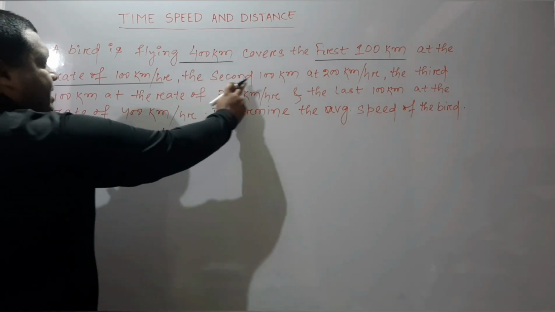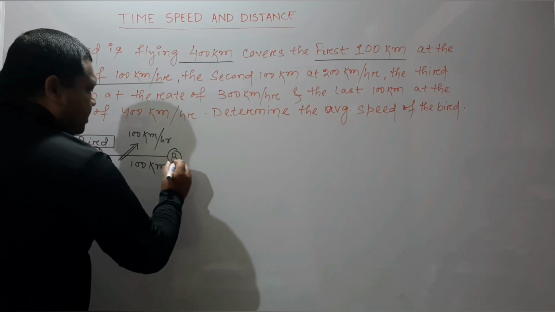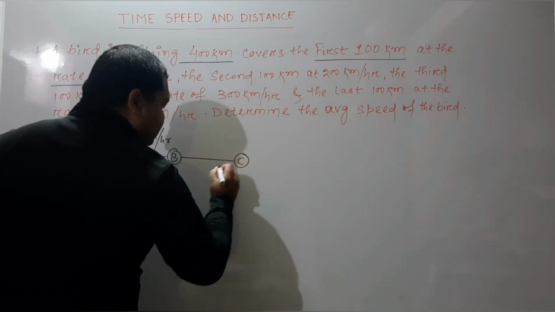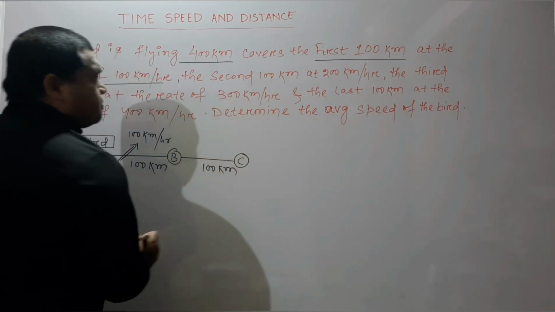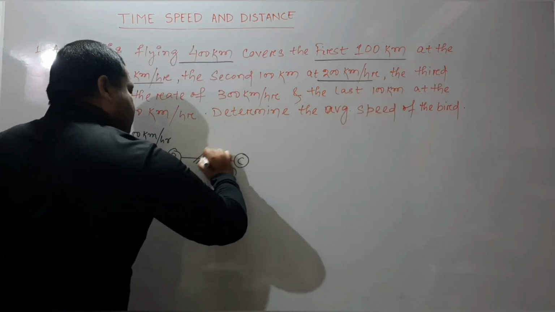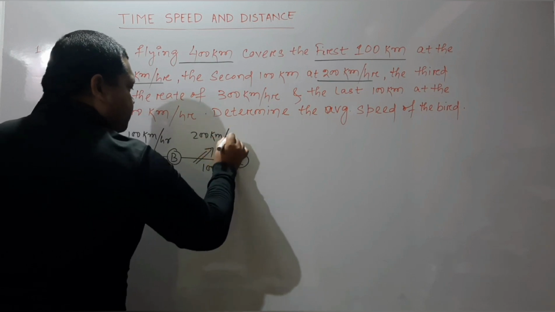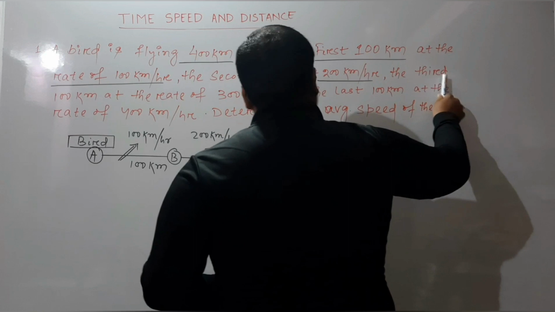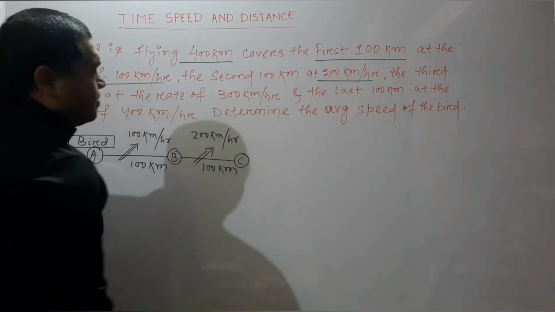Next, the second 100 kilometer at 200 kilometer per hour. That means from position B to position C, the distance is again 100 kilometer and the speed is 200 kilometer per hour. Again, the third 100 kilometer at the rate of 300 kilometer per hour.